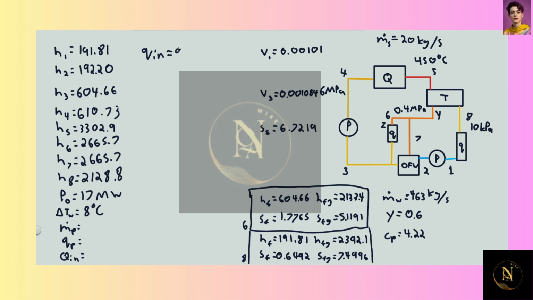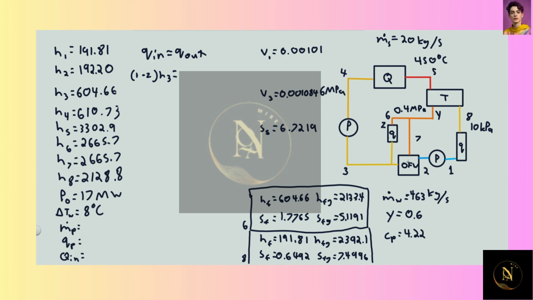Our Q in has to be equal to our Q out. Our Q out here is just going to be the energy leaving at 3, which is going to be H3. But we aren't counting our percentage of the steam that's going to the process heater here. So this will actually be (1 minus Z) times H3.